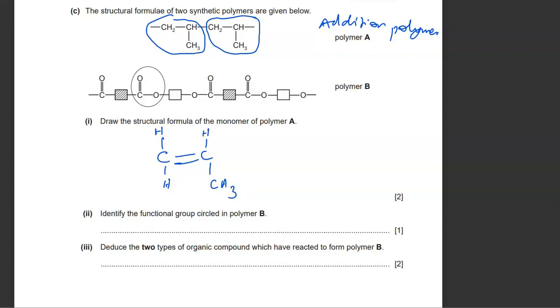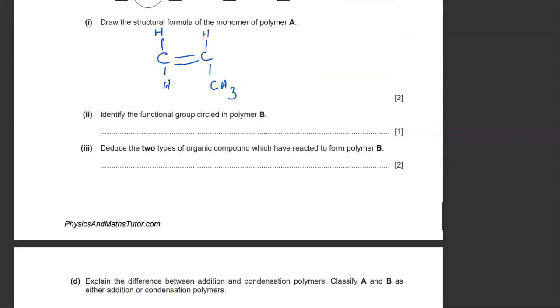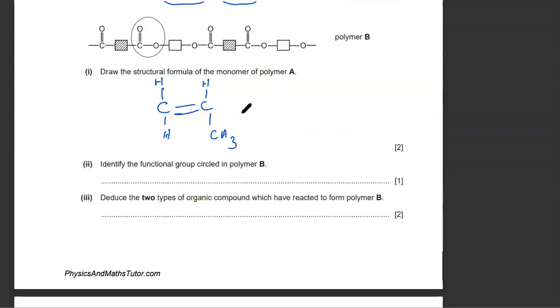Sometimes they can ask you to name it. They can say, what is the name of the monomer? Though they didn't ask us here, let's try. What's the name of this compound? CH2, CH3. What's the functional group? Sorry, it's ethene.